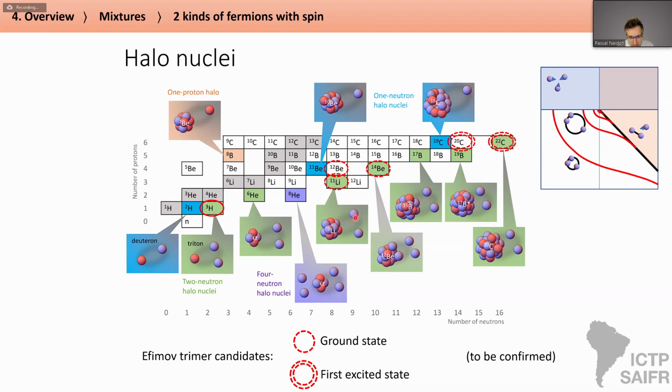Can you say that again? The size of the halo of lithium-11 is the same size as lead nuclei, which has, I don't remember, 238 nucleons. Very dilute, yes. Just to give an idea of size, not with the atom, but with another nucleus.